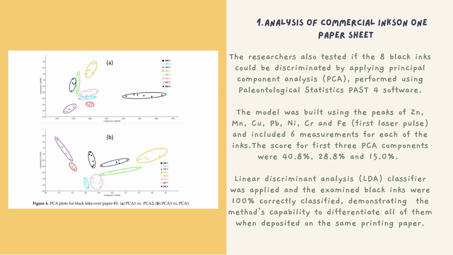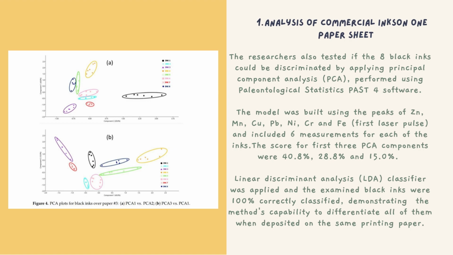The model was built using the peaks of zinc, manganese, copper, plumbum, nickel, chromium, and ferrum, which is the first laser pulse, and included 6 measurements for each of the inks.